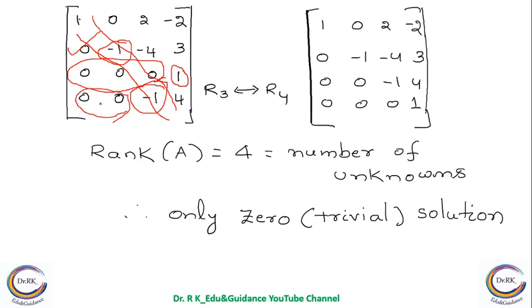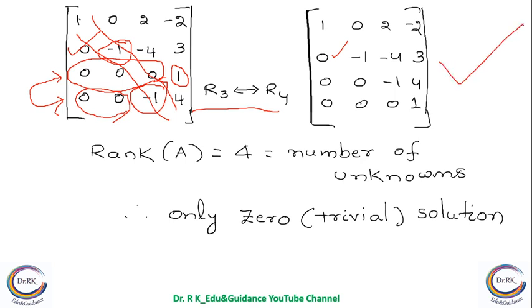So 1, 3, 2. Generally we expect an increasing number of zeros before a non-zero element. Very simple, we go for a transformation, interchanging R3 and R4. This row goes there and that row comes here. Then it perfectly fits: 1 zero, 2 zeros, 3 zeros. So now this is in the required echelon form of the matrix.